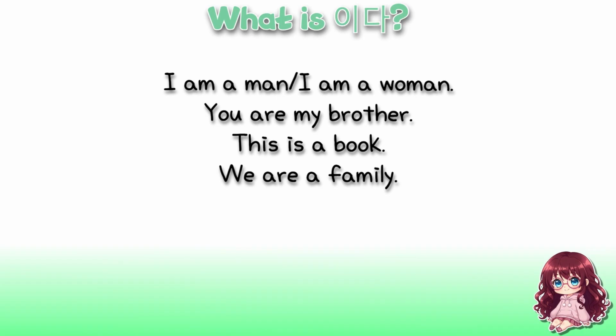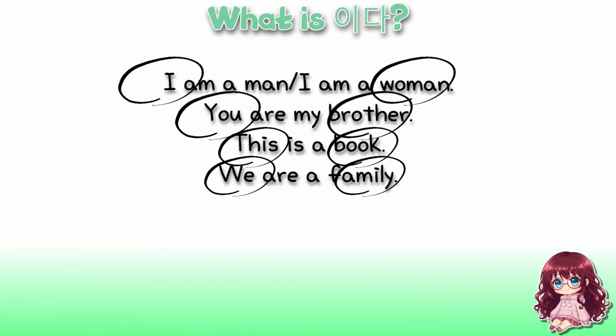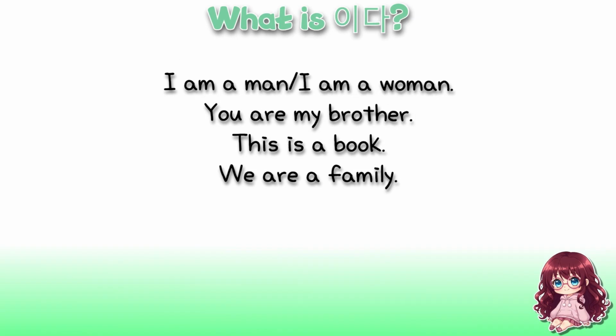I am a man, or I am a woman. You are my brother. This is a book. We are family. My second bullet point ties into this, but first let's look at the sentence. All of them revolve around A being B. This is a noun.